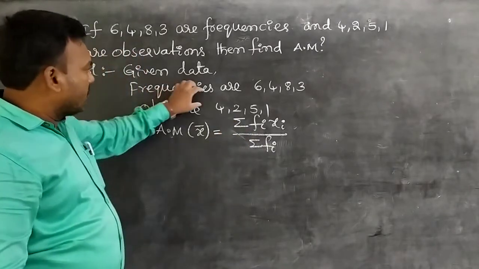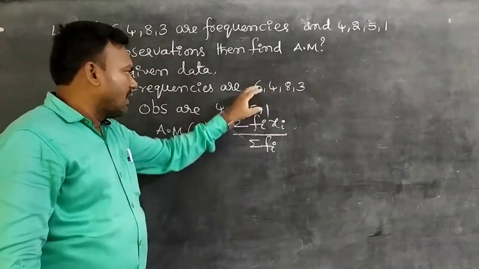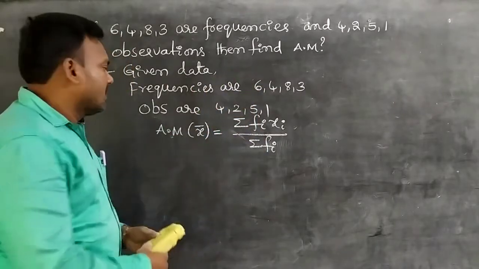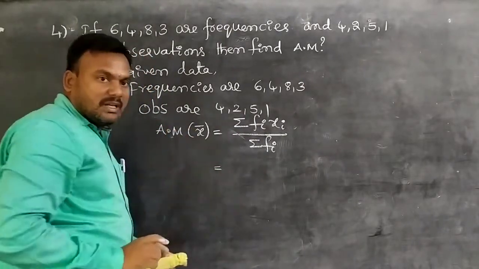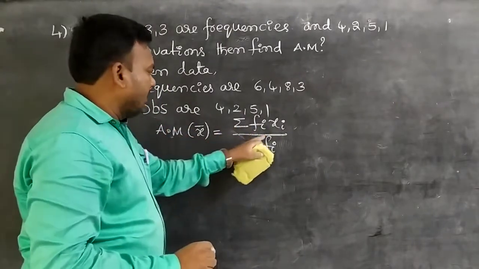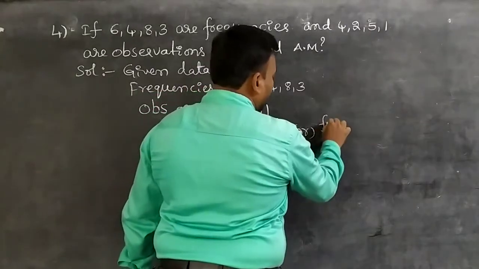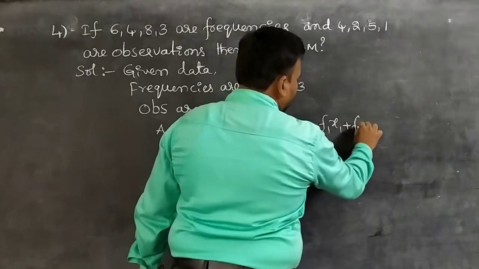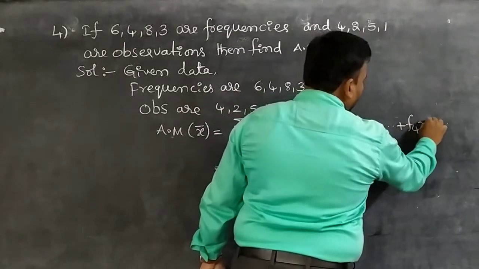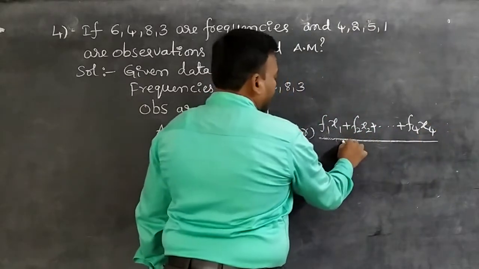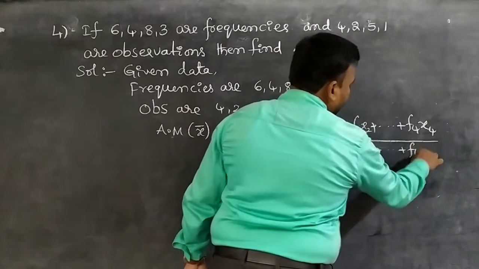But here, according to the problem, just 4 frequencies and 4 observations are there, so I take just 4 values, students. Then that implies f1 x1 plus f2 x2 up to f4 x4, by f1 plus f2 up to f4.